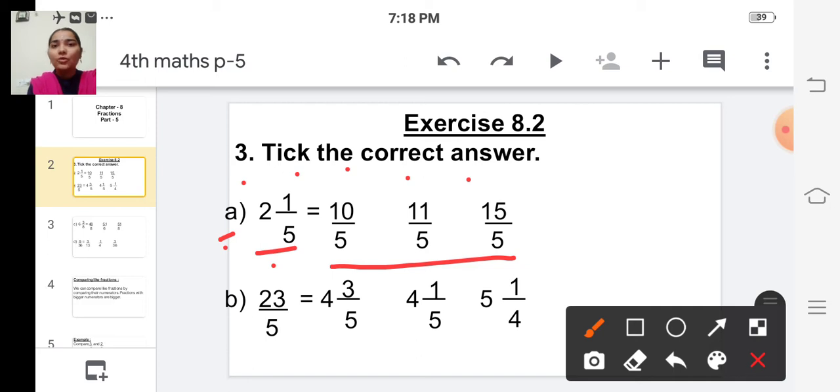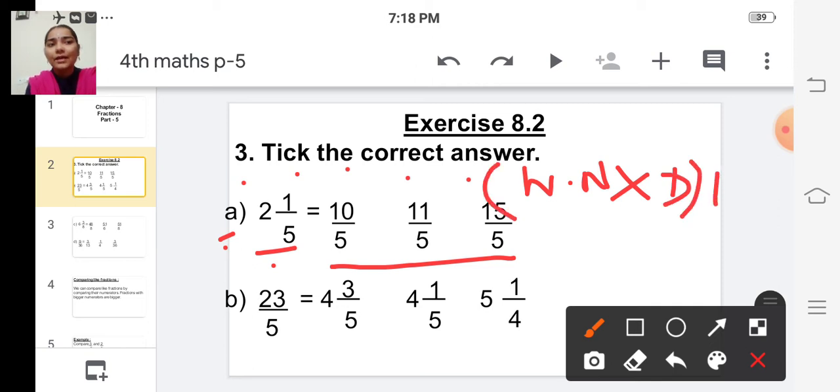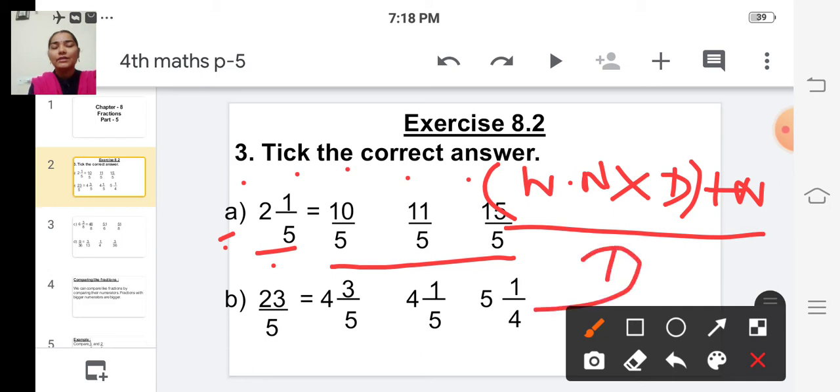How to convert this mixed fraction into an improper fraction? Whole number into denominator plus numerator divided by denominator. This is the formula, isn't it?